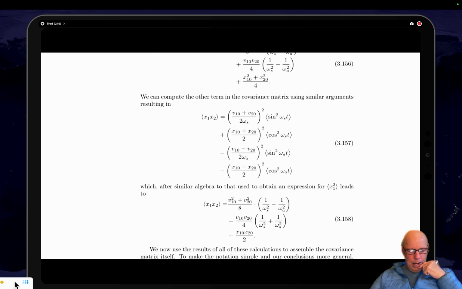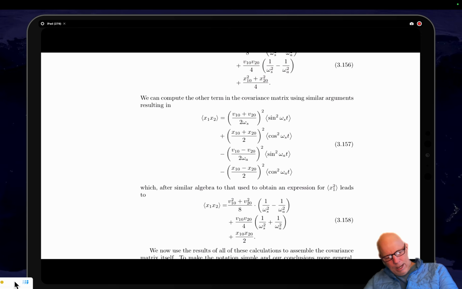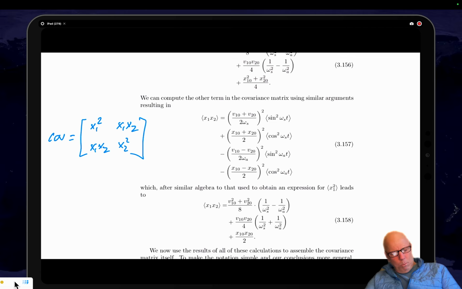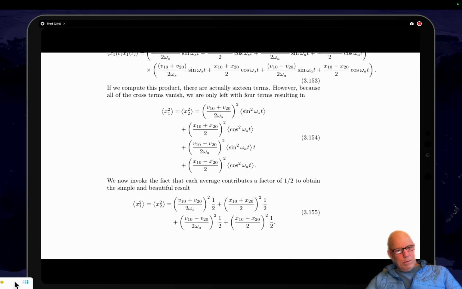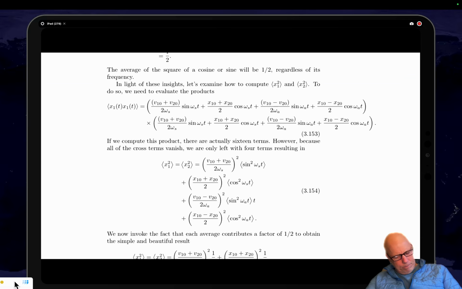So the bottom line is that the covariance matrix, which I'm going to write in shorthand here as x1 squared, x1 x2, x1 x2, x2 squared, we are able to figure out by plugging in our understanding of what the trajectories were, which was right here.